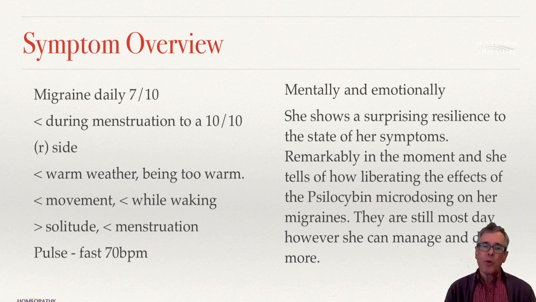Anyway, I just want to go over her symptoms a little bit and just point out some of the factors, and then talk about the quick succession of clips that showed some of the changes that she was experiencing. So these migraines are daily, 7 out of 10, and she's now able to thwart the onset where she's debilitated by using belladonna.